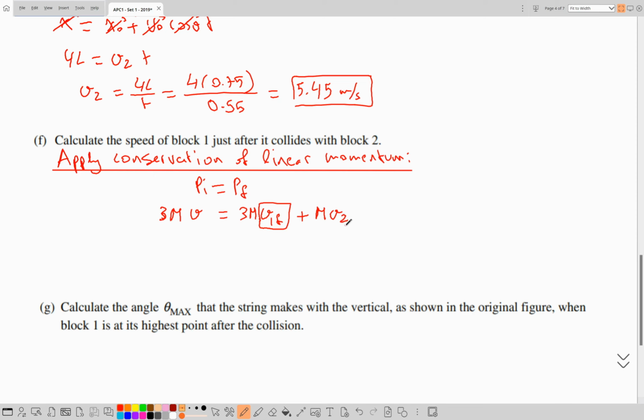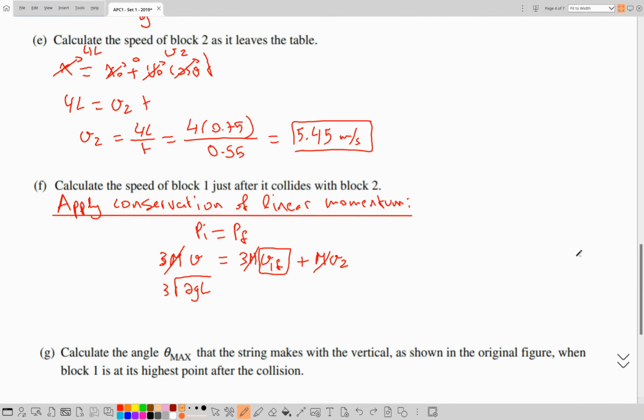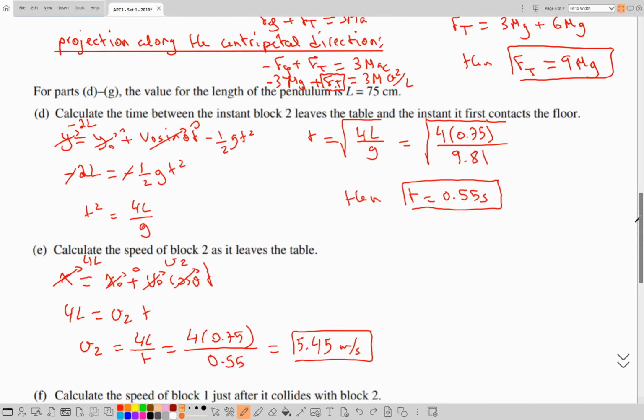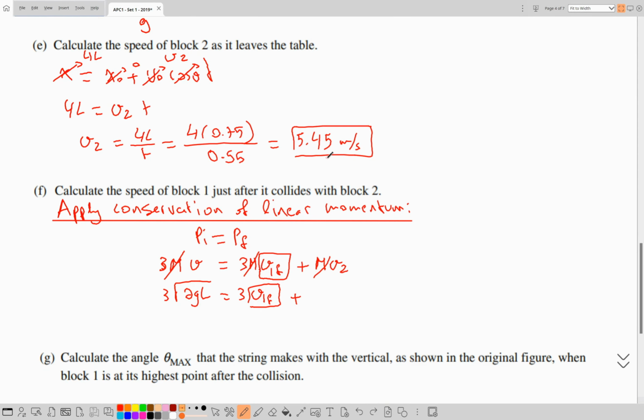And remember that all of these are vector quantities, v1f and v2. Now we can apply the cancellation effect for the masses. Now 3 times radical 2gL, which we have determined in part A, is equal to 3 v1f that we wish to determine, plus the speed of block 2, which is given by 5.45.